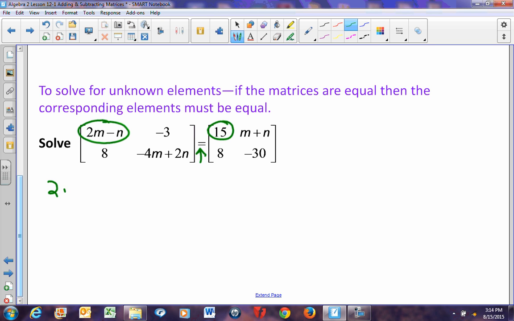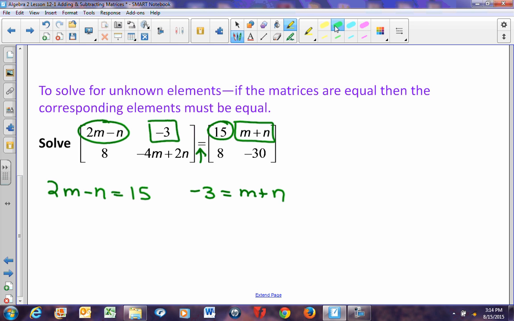I can say 2m minus n has to equal 15. Okay. And then I will look at this next one, -3 and the m plus n, which means -3 has to equal m plus n. If I look at my next corresponding thing here, 8 equals 8, I don't have to do anything with that because 8 does equal 8. There's no variable to solve for, so I can just leave that out.